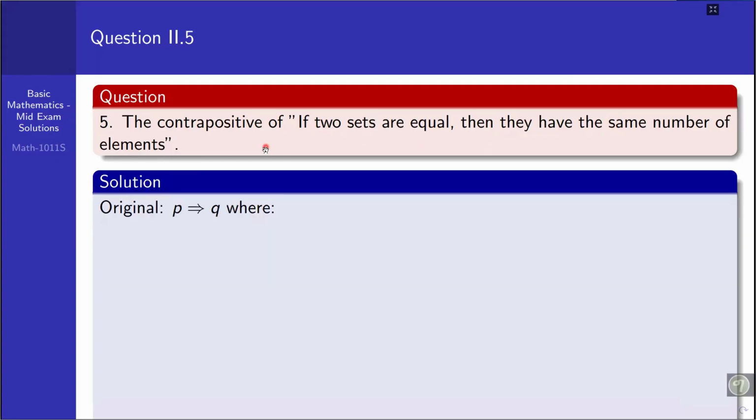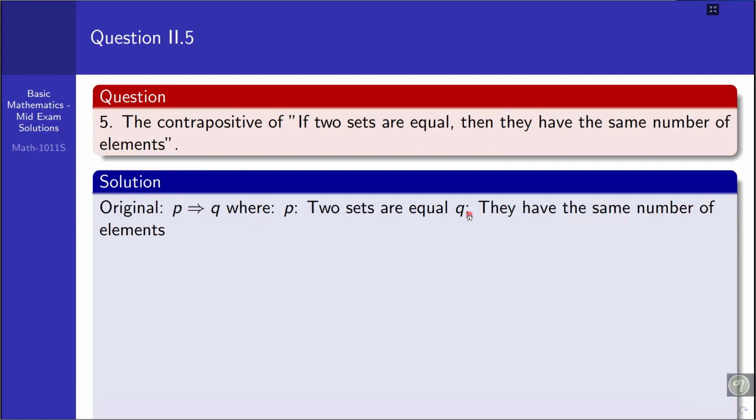This logical implication can be written in the form P implies Q, where P, the if statement, is two sets are equal, and the conclusion, Q, is they have the same number of elements.